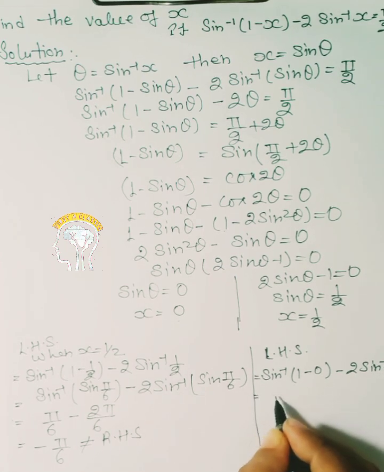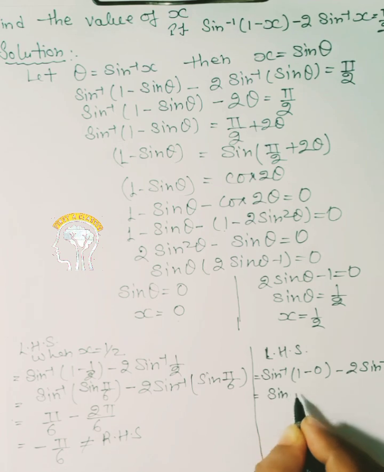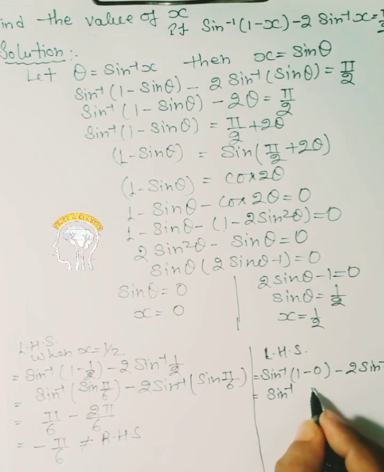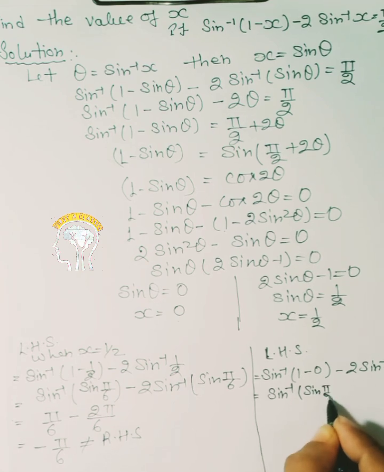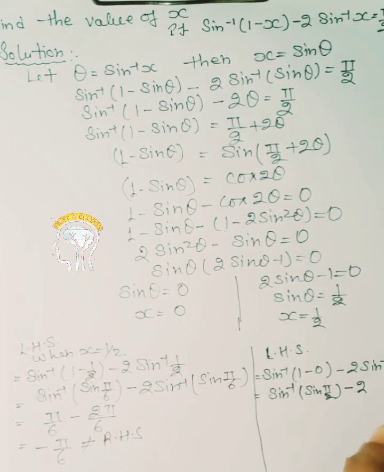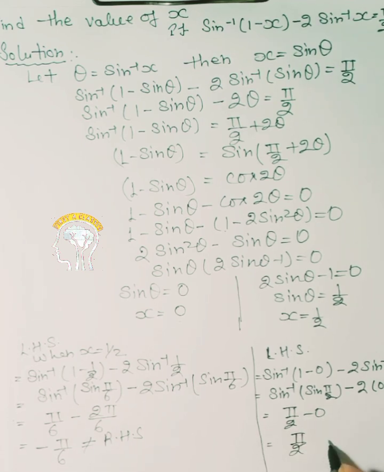Here we get sine inverse 1, and the value of 1 in the form of sine is sine pi upon 2, minus 2 times, here the value of 0 in the form of sine is sine 0, so it becomes 0. Now here is pi upon 2 minus 0, and that is pi upon 2, and this is the right hand side. So the value x equals 0 is the answer.